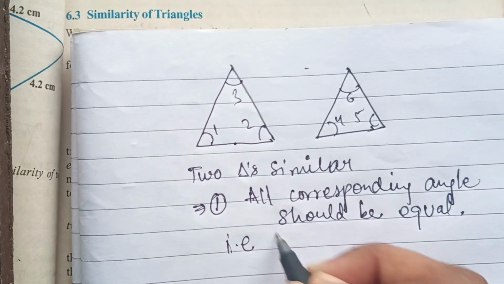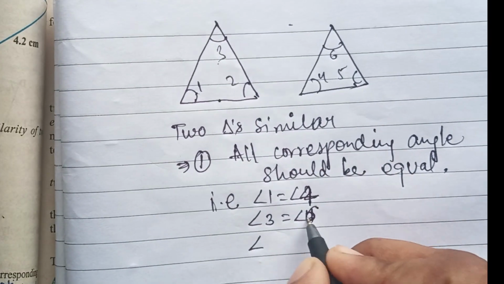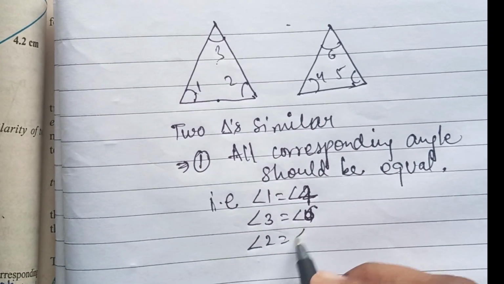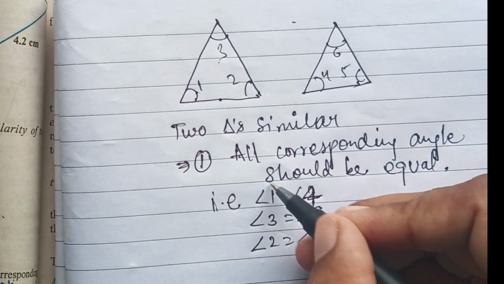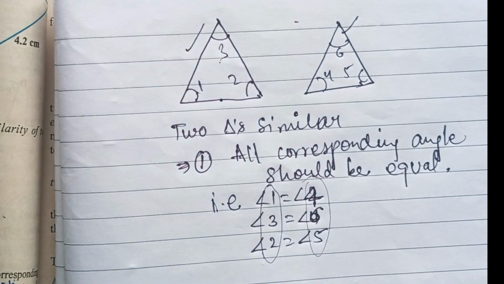That is, angle 1 equals angle 4, angle 3 equals angle 6, angle 2 equals angle 5. The first angle should be of the first triangle and the other angle should be of the other triangle.